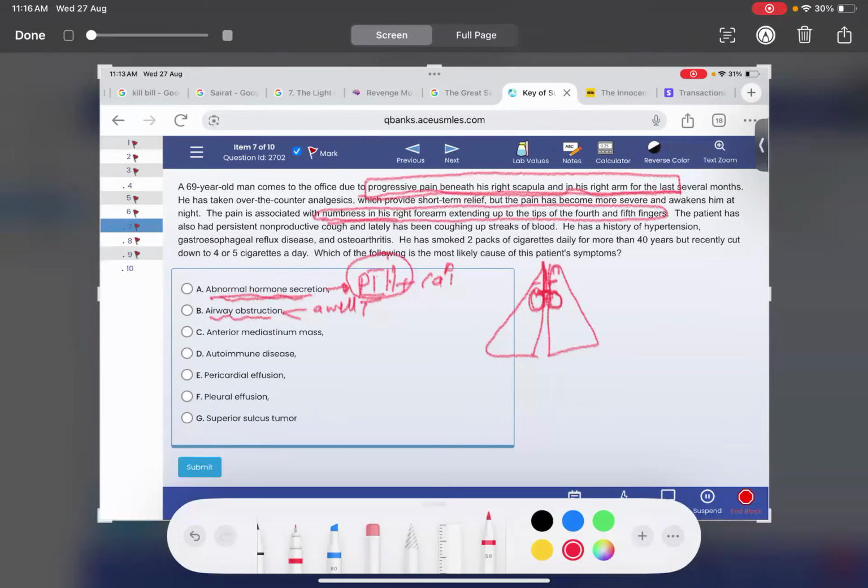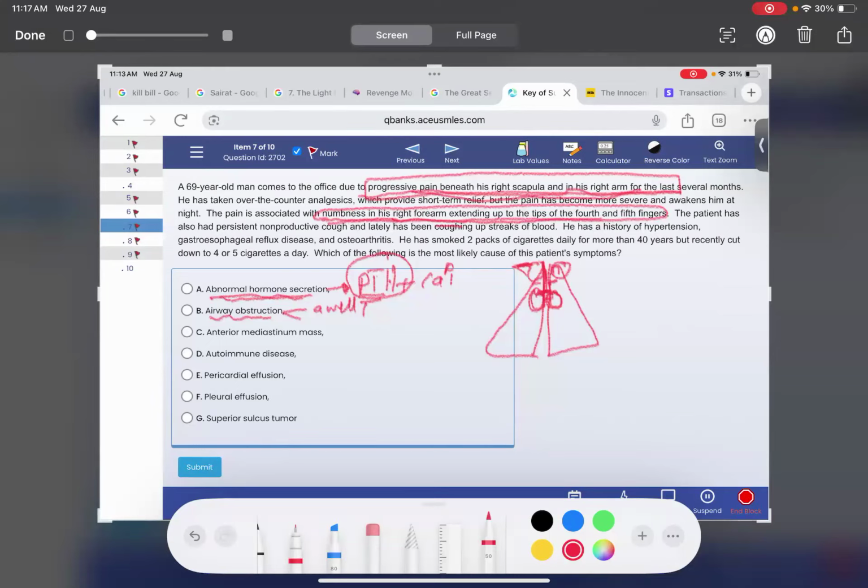Basically the problem is going on in the apex. There is also compression on the lower brachial plexus, and the lower brachial plexus involvement leads to the sign and symptom of numbness in the forearm, and there is pain in the right scapula. Have you got the point? So this mass is above the clavicle, you're saying? Yeah.